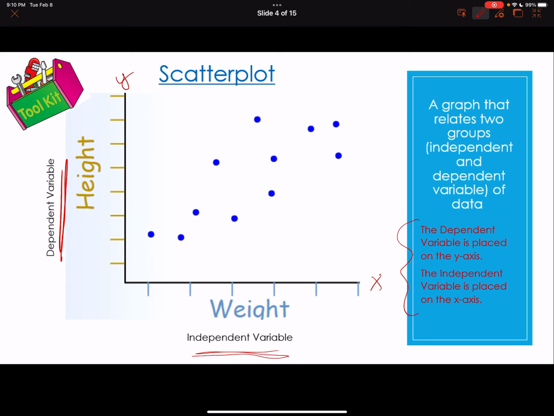If we look at people's weights versus their heights, each of these dots represents one person. So this person here, this might be me. This is my weight and my height. If I count how many dots there are, 1, 2, 3, 4, 5, 6, 7, 8, 9, 10, 11 dots, that means this gives me data on 11 different people. All right, so that's a scatter plot.